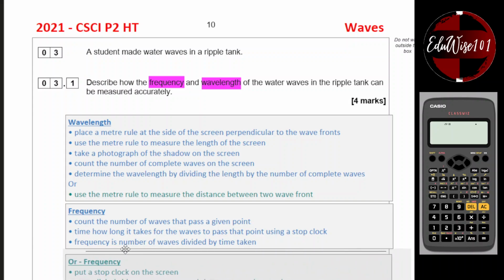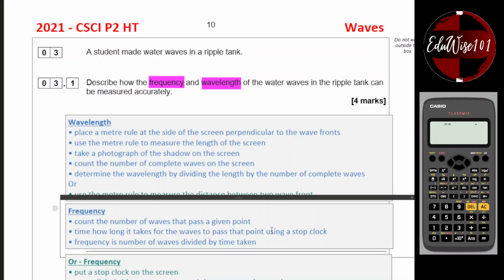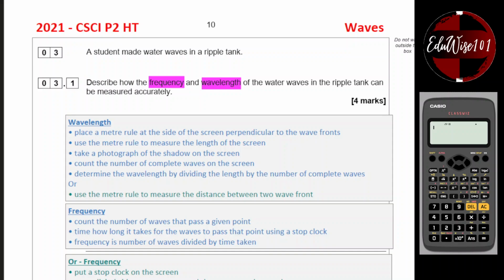Or you could put a stop clock on the screen, use a digital video camera to record the waves passing a point, replay in slow motion and count the number of waves passing a point in 1 second. Again, counting the waves in 1 second is not going to be very accurate. This gives you an average value. So the ones in blue are the better methods.